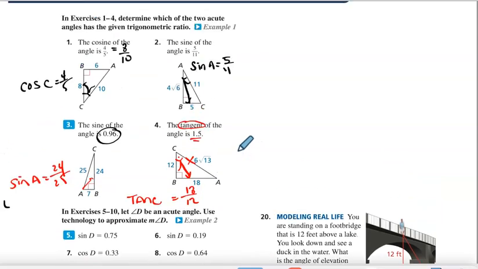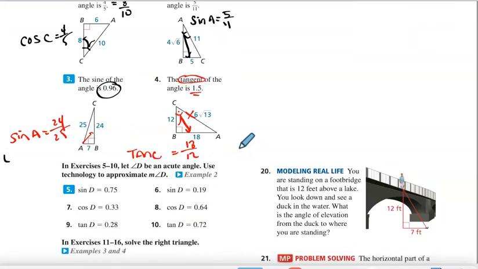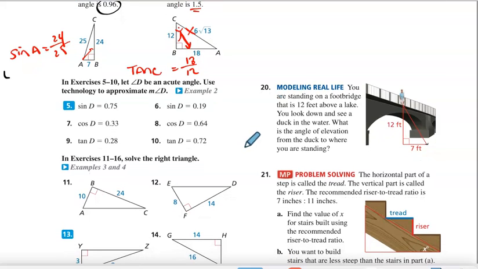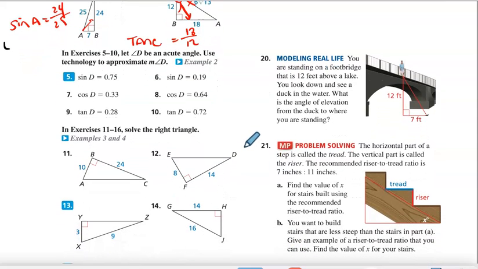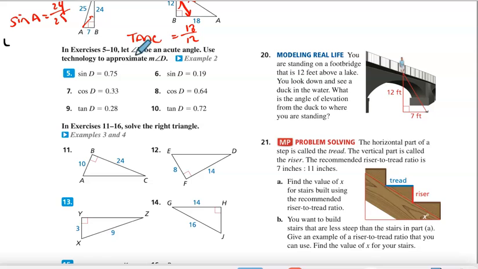Alright, and then we're going to look at, so we did 1 through 4, 6 through 16. This is just using, so let D be the acute angle, use technology to approximate D. So here on our calculator, we're just going to do sine inverse of 0.19, which will give me an approximation of what angle D is.